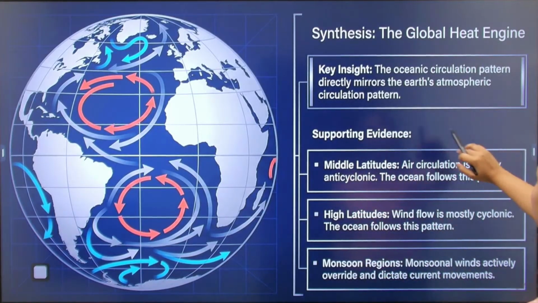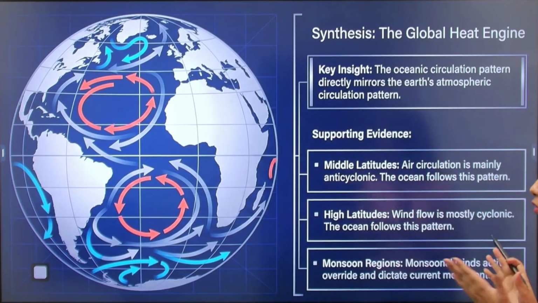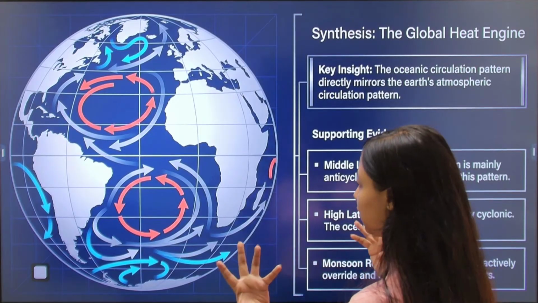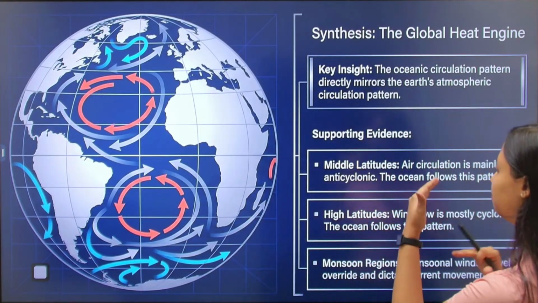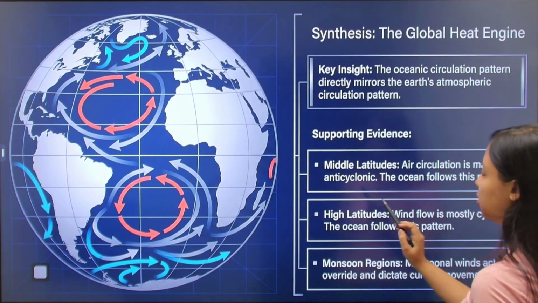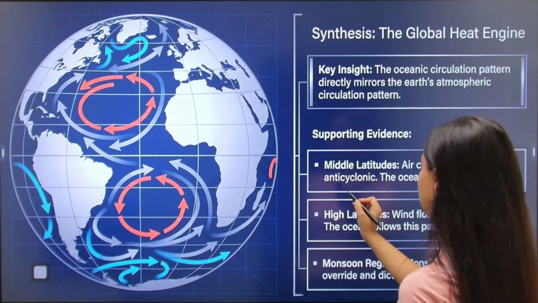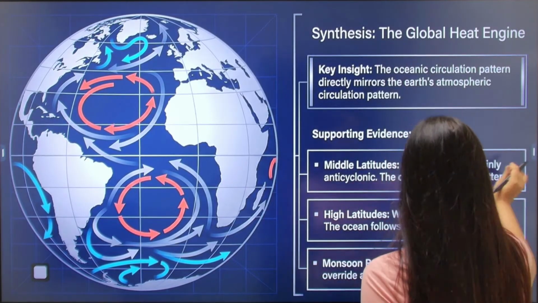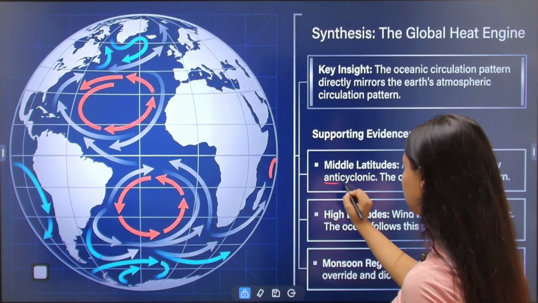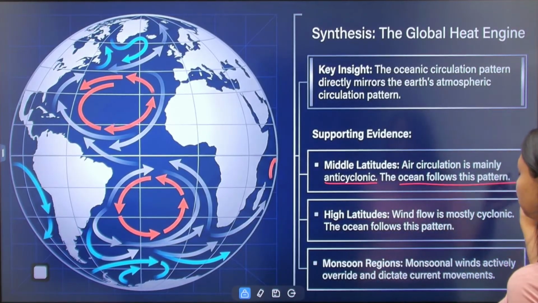Synthesis. The global heat engine: oceanic circulation pattern directly mirrors the Earth's atmospheric circulation pattern. You know that there are some circulation patterns happening on the Earth called cyclones, anticyclones. Oceanic currents also mirror that atmospheric circulation. In the middle latitudes, the air circulation is anticyclonic, so the ocean circulation is anticyclonic, and the ocean currents will also follow this pattern.